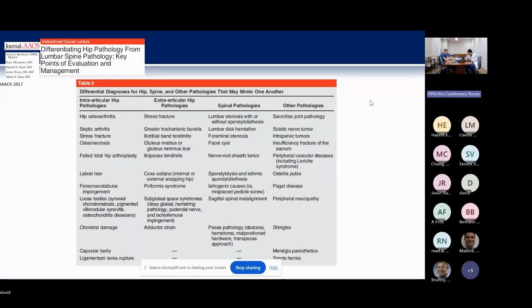Similarly, from the spine, stenosis, spondylolisthesis, facet cysts, deformity, malalignment, all of those can also contribute. And then other less common things like sacroiliac pathology or vascular or neuropathy issues may also localize to the same area.